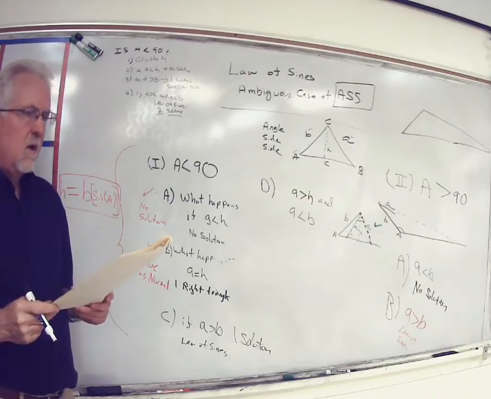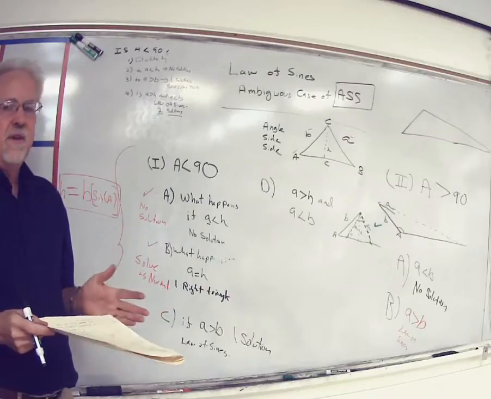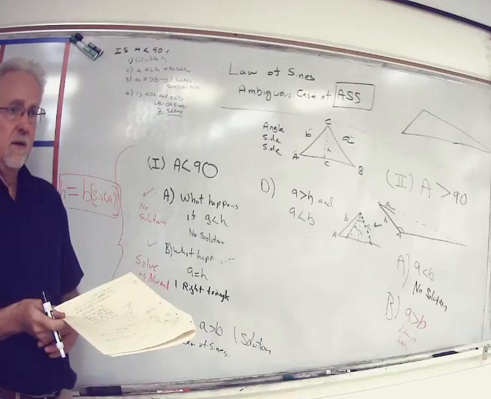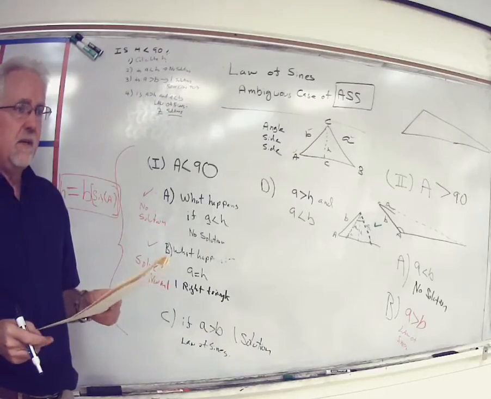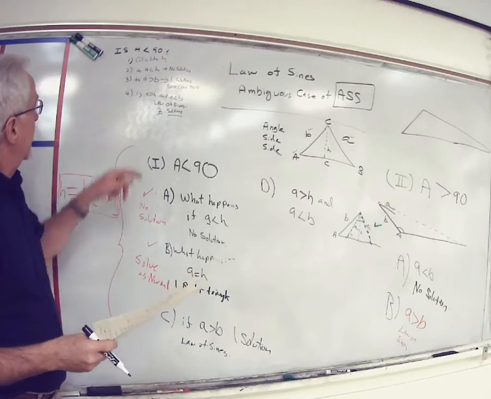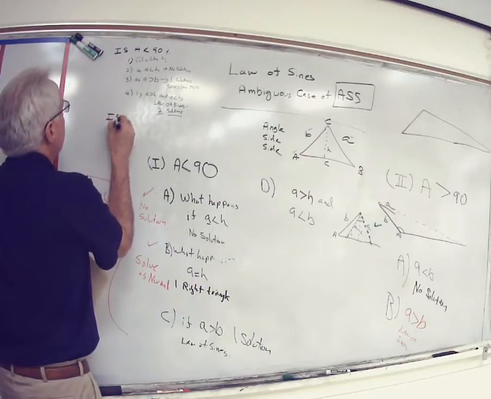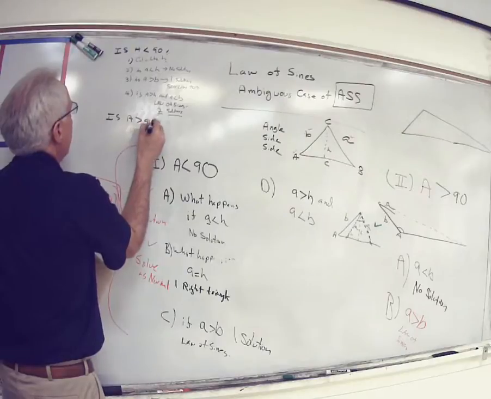So this isn't hard, right? Every single thing I've shown you is easy, right? But why is the problem tedious? You just have to go through it. And then we're going to do the other one. Is A greater than 90?